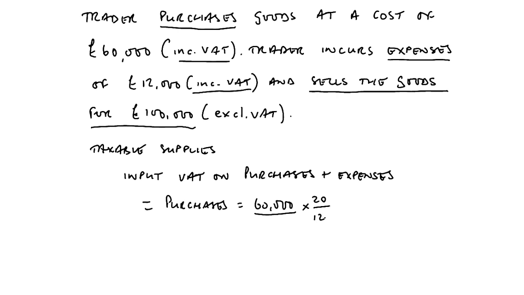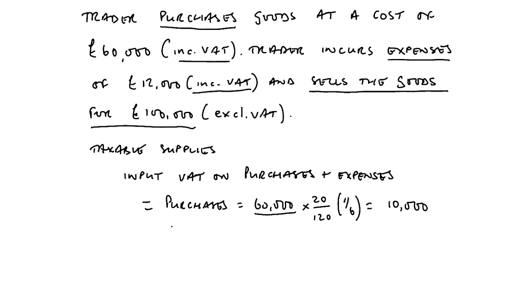So on a VAT inclusive figure, we take 21/20ths. At its lowest common denominator, for ease of calculation, you may realise that that is 1/6. Now put that through your calculator and you will discover that 1/6 of 60,000 is £10,000. That is the amount of input VAT that we've suffered.